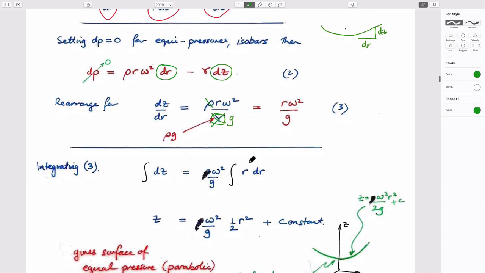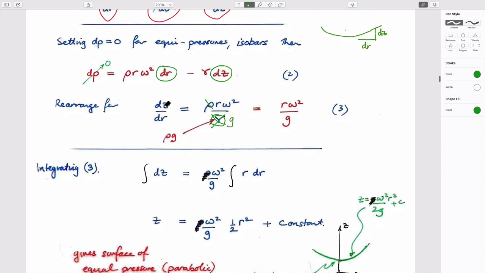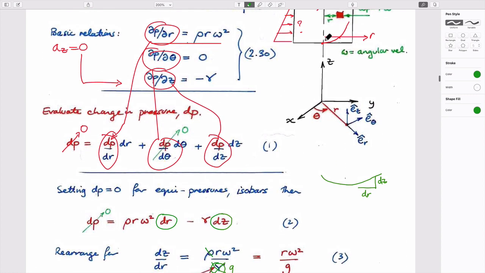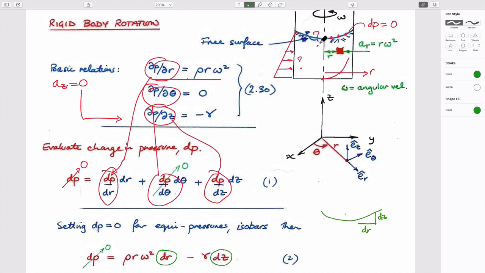And so we end up with the expression that the elevation change of the surface is equal to the rotation speed squared, gravity, and the radius. So in the middle, it says that this elevation here in the middle is flat, right? dz/dr is 0, means this is horizontal.